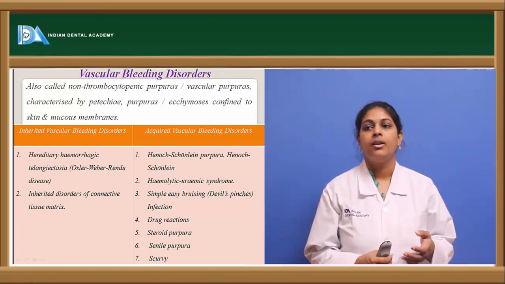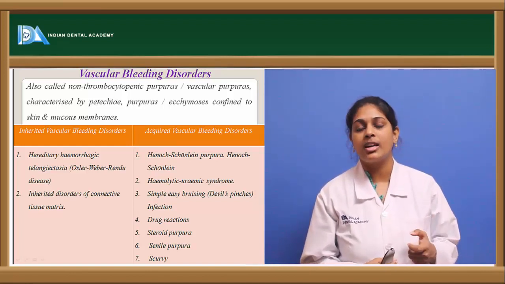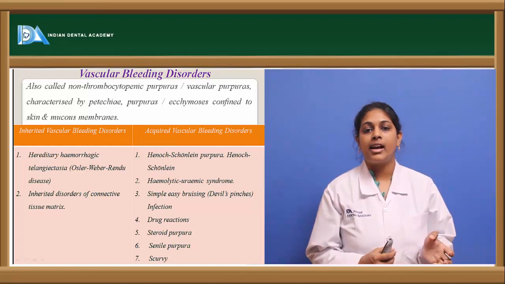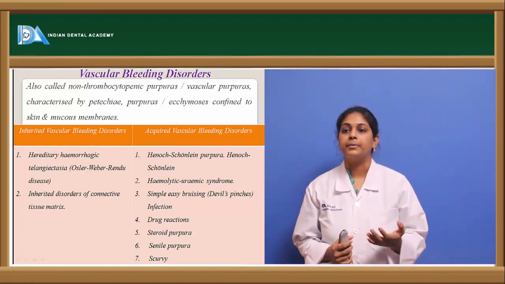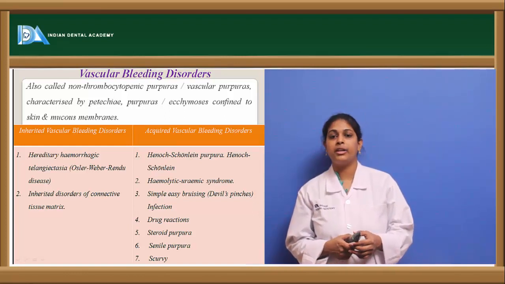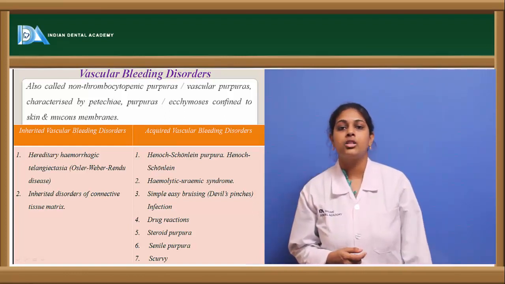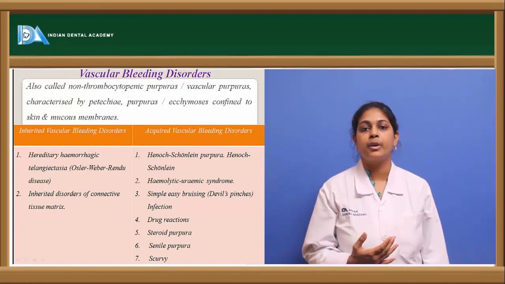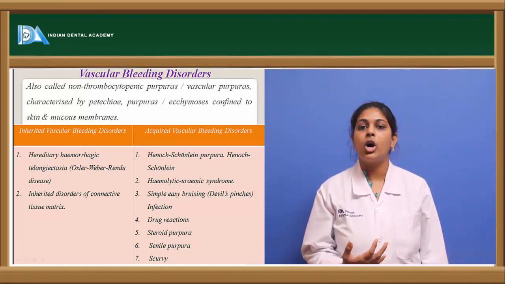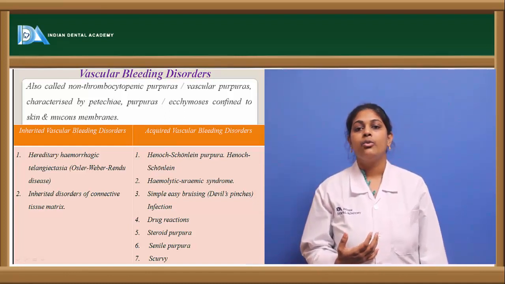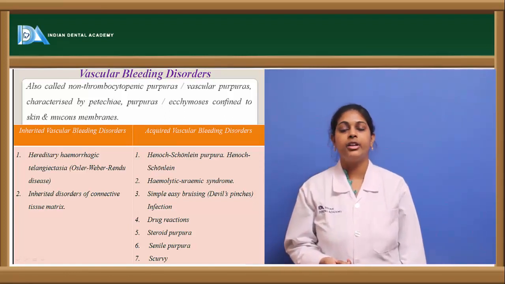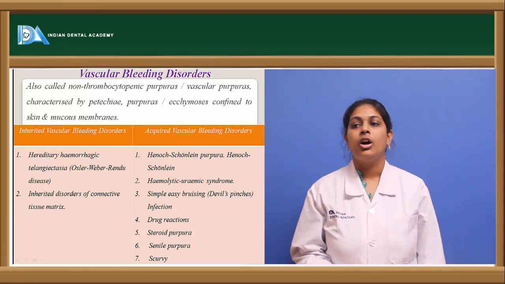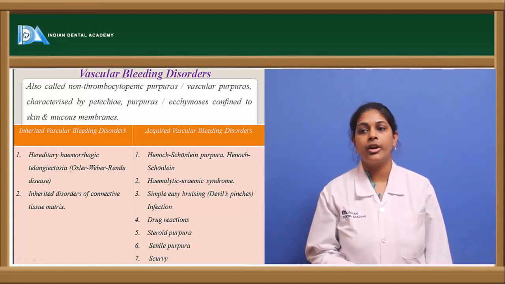These disorders are usually confined to the skin or the mucous membrane. Usually these vascular bleeding disorders are classified as either inherited or acquired based on the conditions where they occur. Inherited vascular bleeding disorders are due to a familial tendency or are otherwise hereditary in nature, obtained from the parent by the offspring, and they include hereditary hemorrhagic telangiectasia, also known as Osler-Weber-Rendu syndrome.